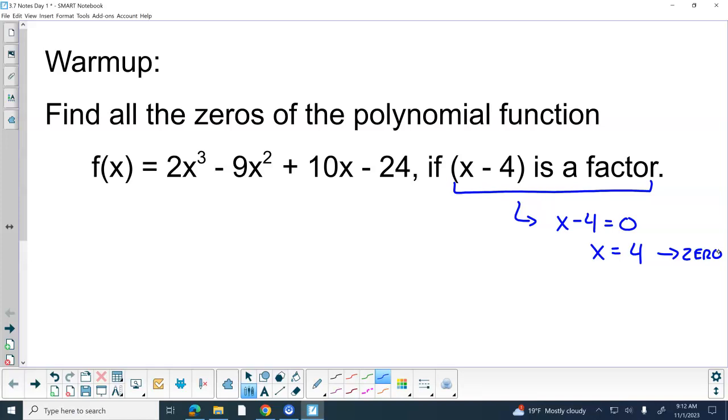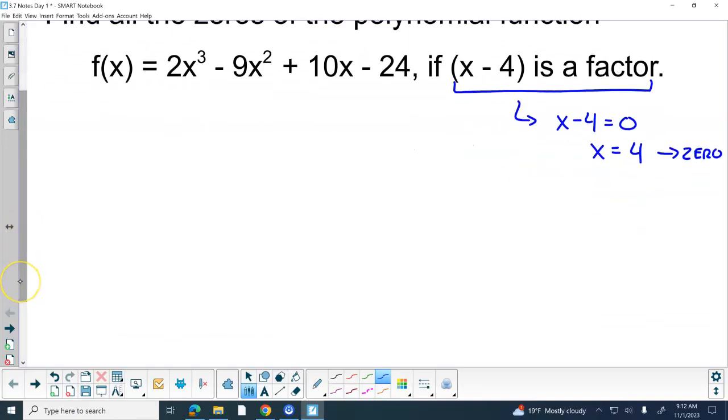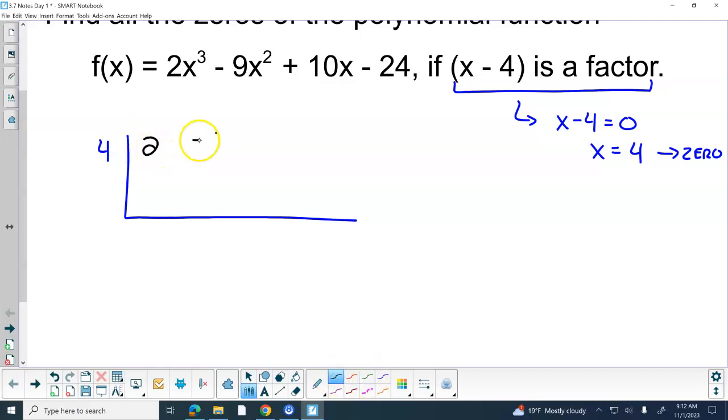Which we also need going forward, because now if 4 is my 0, my root, my answer, my x-intercept, then my coefficients would be 2, negative 9, positive 10, and negative 24.